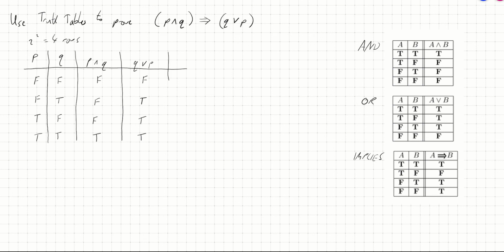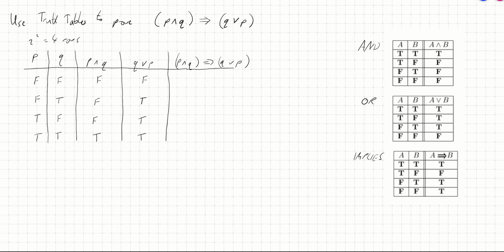Now we're almost done. We just have to look at the final step, which is really the whole statement, P and Q implies Q or P. So we're going to use the 2 columns that we've already created, the P and Q and the Q or P column, and we're going to combine them with the elementary implies truth table.